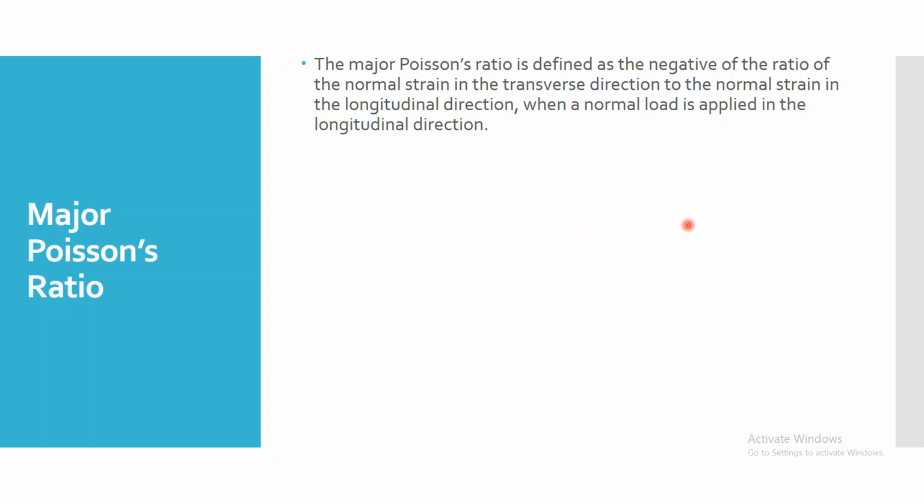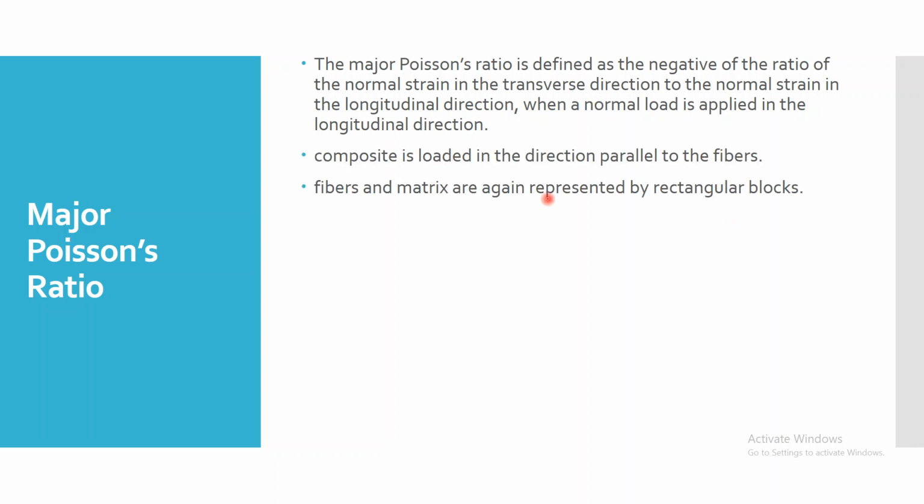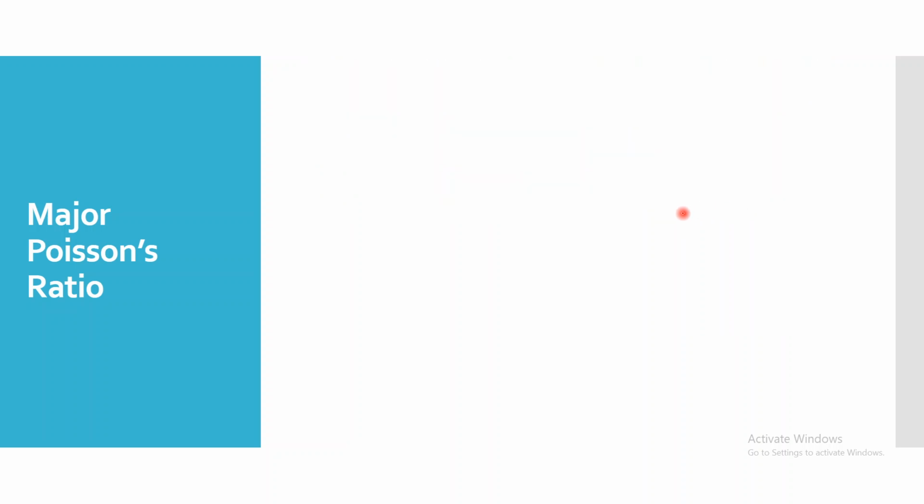If you take these two ratios, then we call that the major Poisson's ratio. That is what is denoted in the next sentences. The composite is loaded in the direction of the fibers, and fibers and matrix are again represented by rectangular blocks. This is once again the assumption.